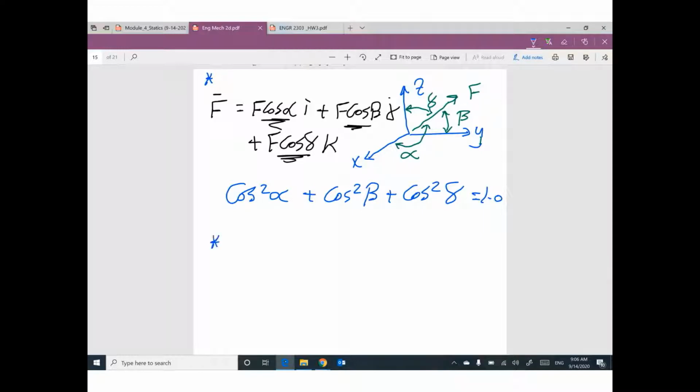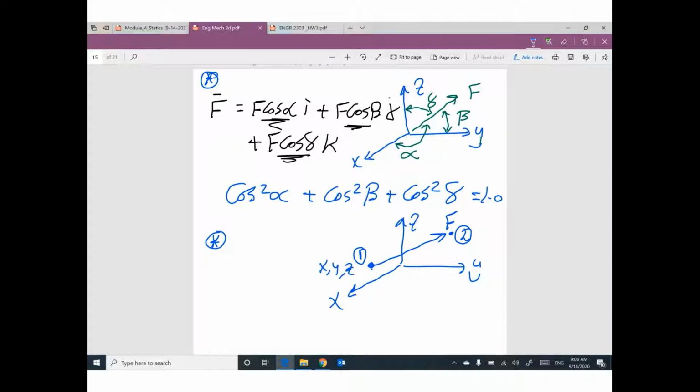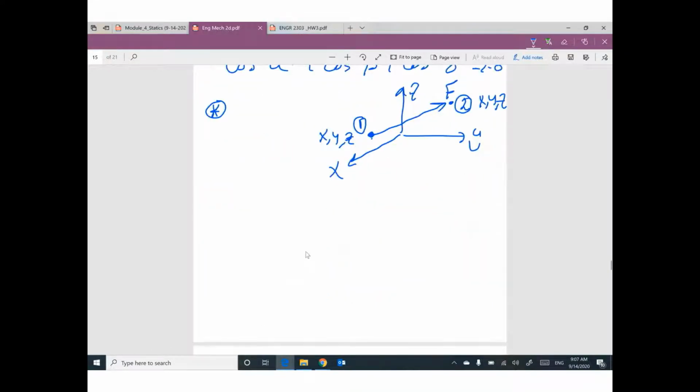Second one, if you have a force, first we have X and Y and Z, and we have a force F coming from point number 1 to point number 2. X, Y, Z coordinates for point 1 are known. X, Y, Z are known for point number 2. So I can say this force as a vector equal this force as a value, second point minus first point.